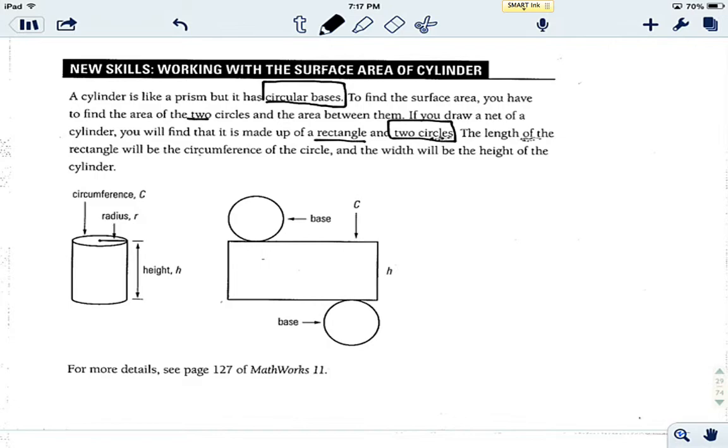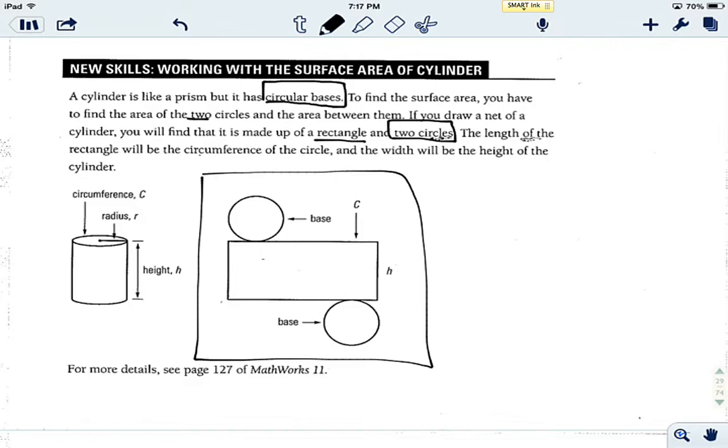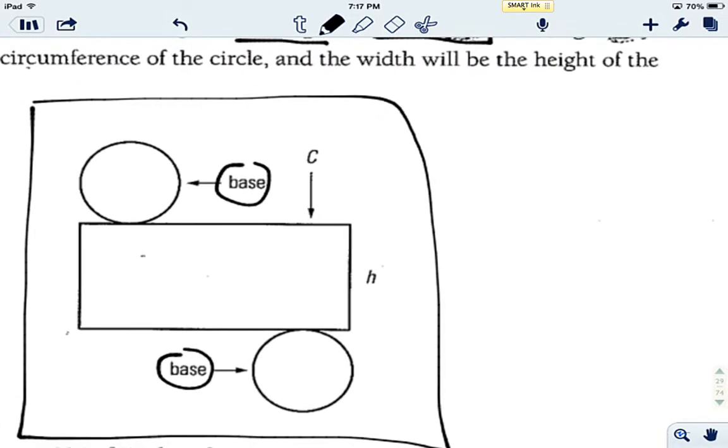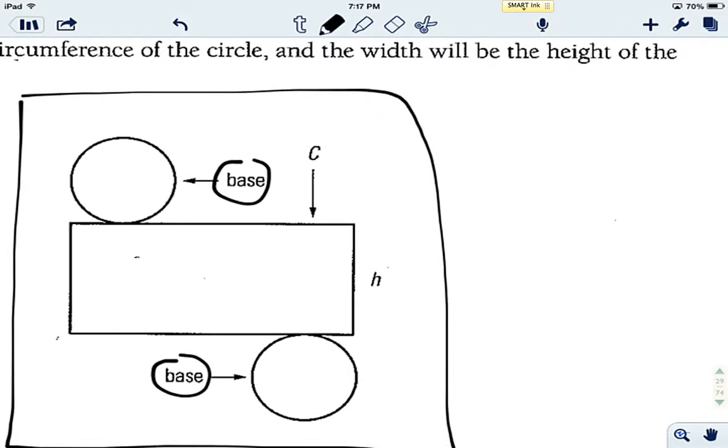What you can see here, I'll just box it, is essentially the net of a cylinder. We have two circles that are named as base here, and then you have that rectangle in the middle.